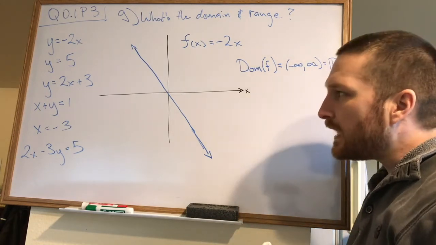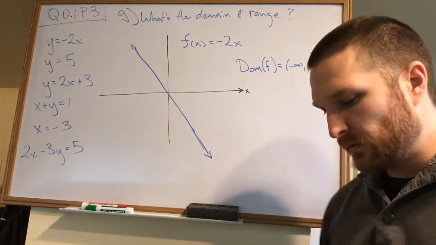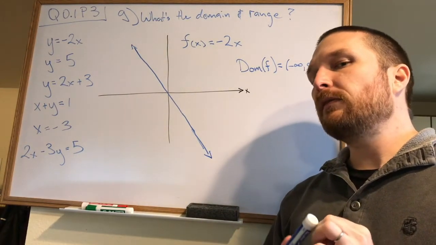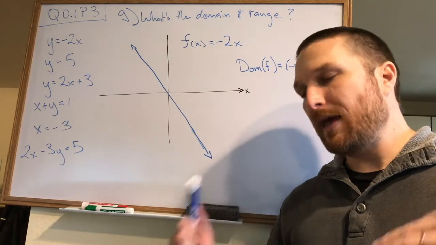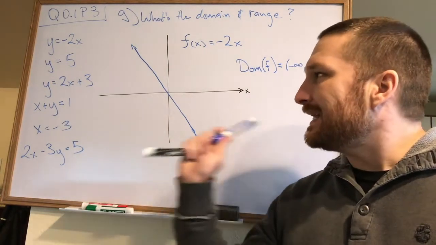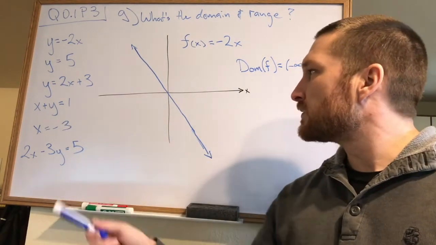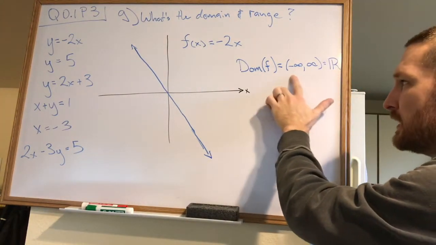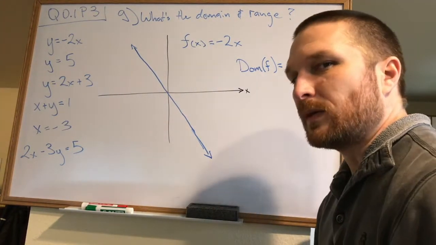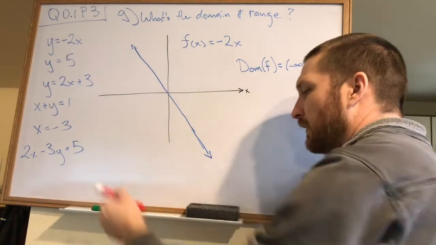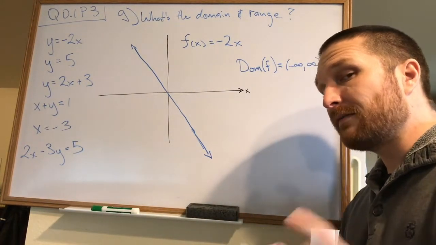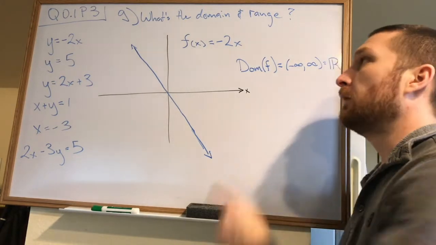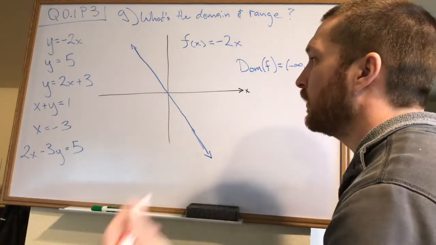And now for the range, remember our new definition of range: it's the output values we get when we plug in the entire domain. So we're going to take the whole domain, all real numbers, and see what outputs we get. Another way of thinking about that is what values get hit when you plug in the domain. Here's just a couple.